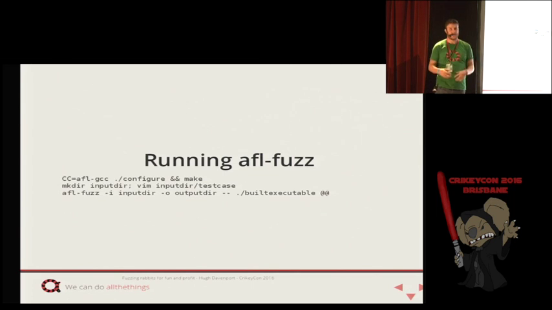And then right at the end you say this is how you run the program. On the right hand side you've got an @@ sign. That is going to be replaced by the file that contains the fuzz data. If you don't include it, it's just piped through standard input.